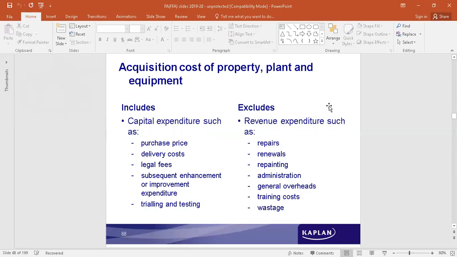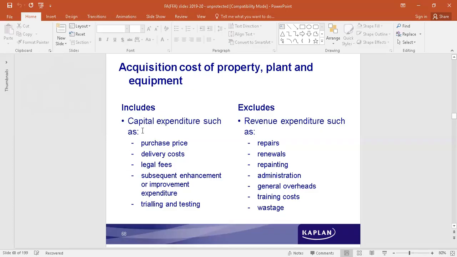So the purchase price paid to the supplier, plus transport of this asset from the supplier's place to the factory or business place, any kind of transportation, delivery charges, freight, etc., will also be added to the cost of the asset.